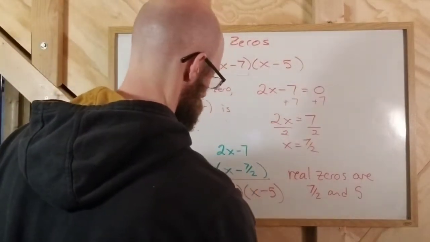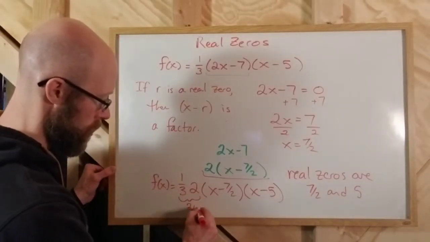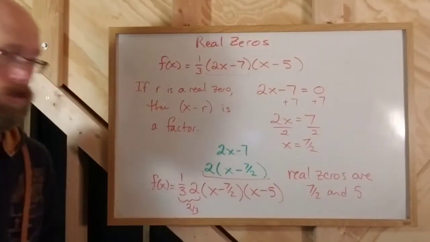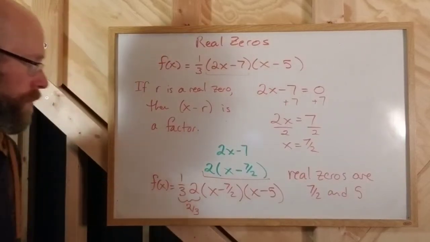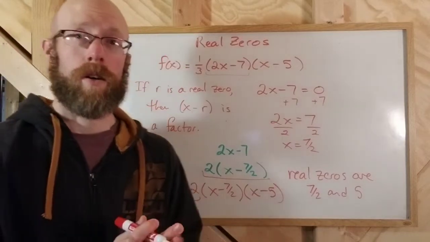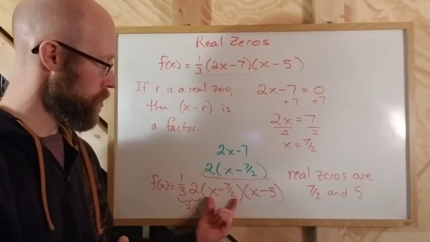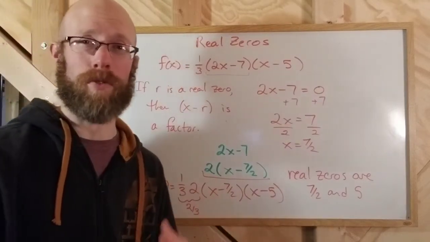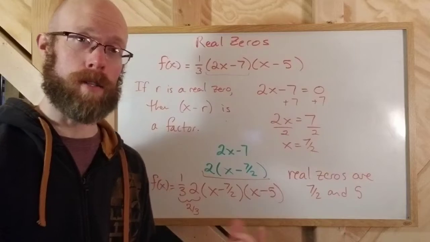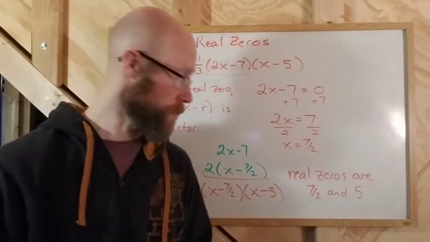So in the final form, I could really combine these into the leading coefficient of 2/3. I think that's important because usually when we write these out, we leave the zeros as whole numbers or integers, but they're not always that way. Sometimes they're rational numbers. They could even be irrational numbers.